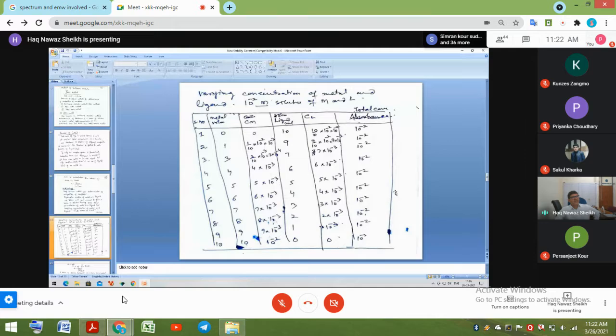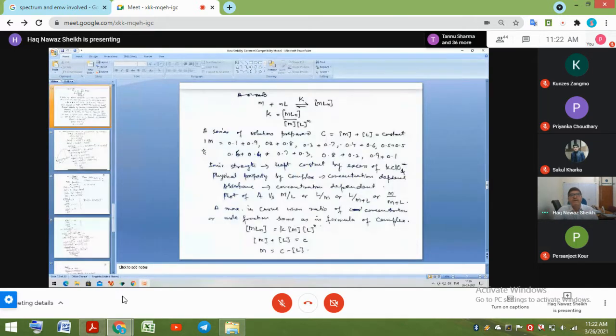So if you know the total concentration and the concentration of the metal, you can find the concentration of the ligand by subtracting the concentration of the metal from the total concentration. Similarly, if you know the concentration of the ligand, you can do the reverse also, right?